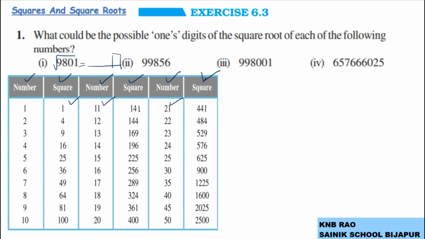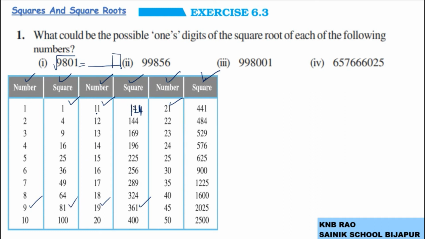Here, 141 is supposed to be, is it 141 or 121? It is 121. So the square of a number ending in 1 ends in 1. Square of a number ending in 9 again ends in 1.